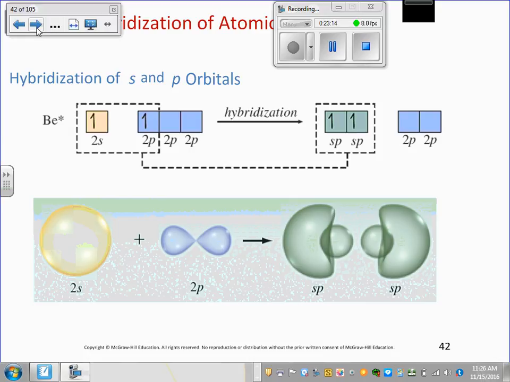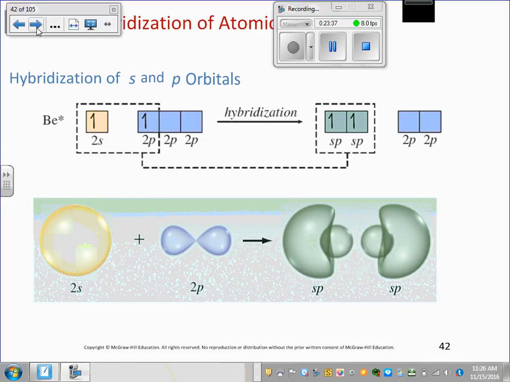Well, what's above 2s? What comes after 2s? 2p. 2p has 3 orbitals. Now, in the case of beryllium, they're unoccupied. There's nothing in them. There are empty orbitals.